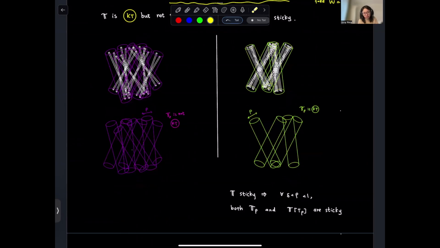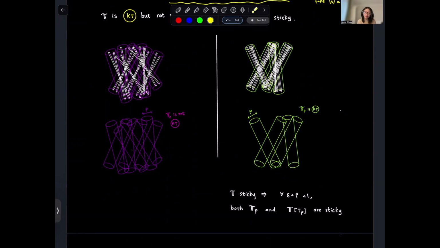A consequence of a sticky set of δ-tubes is that for any ρ between δ and 1, the corresponding T_ρ, the thickened tubes, and the thin tubes contained in T_ρ, are all sticky. It means that suppose we have a sticky set of δ-tubes, then when we thicken it or when we restrict it to some thick tube, we still have sticky sets. So this is really convenient to apply induction.